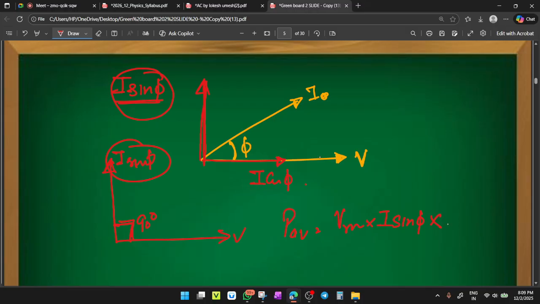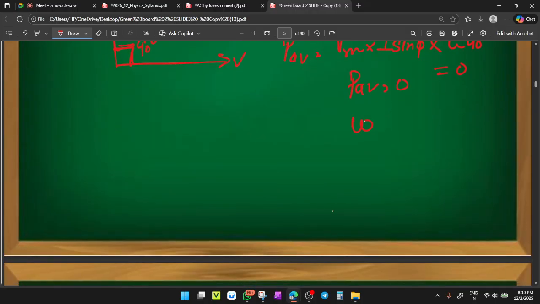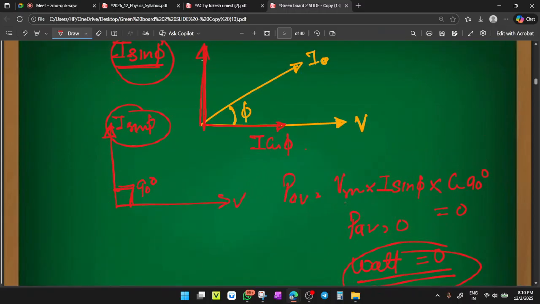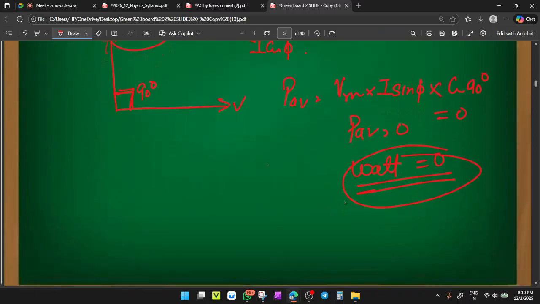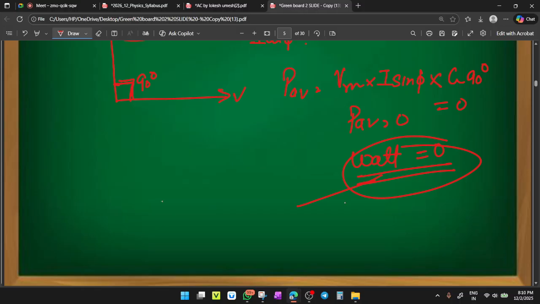Here the angle is 90, and cos 90 becomes 0, meaning average power equals 0. The unit of power is watt, so the wattage consumed here equals 0. So no wattage will be consumed by this component of current, I sin phi. That's why this is wattless current.